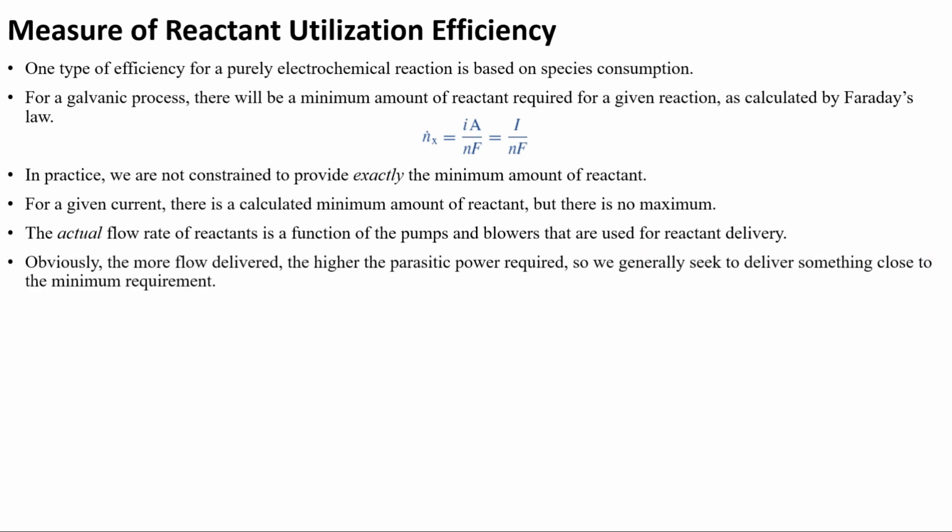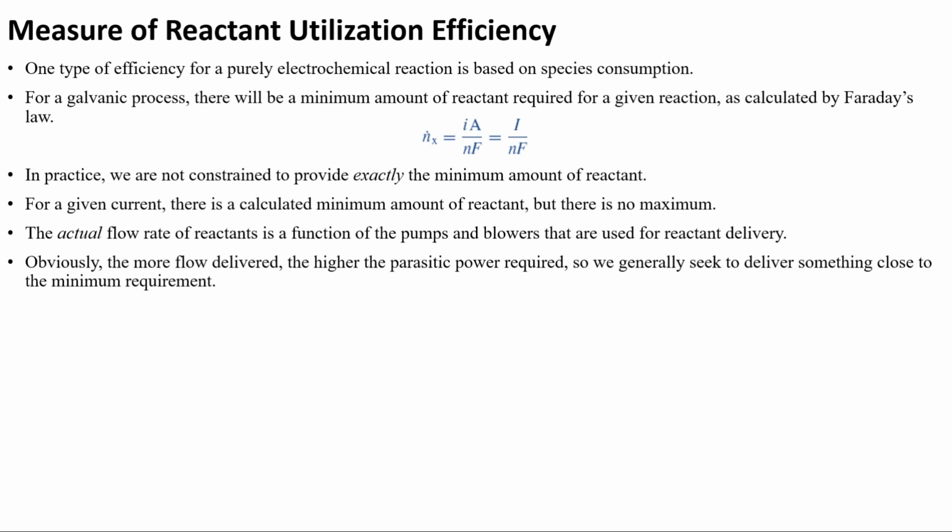But if we supply more reactant, meaning more flow is delivered, then the higher the parasitic power required. So we generally seek to deliver something close to the minimum requirement.